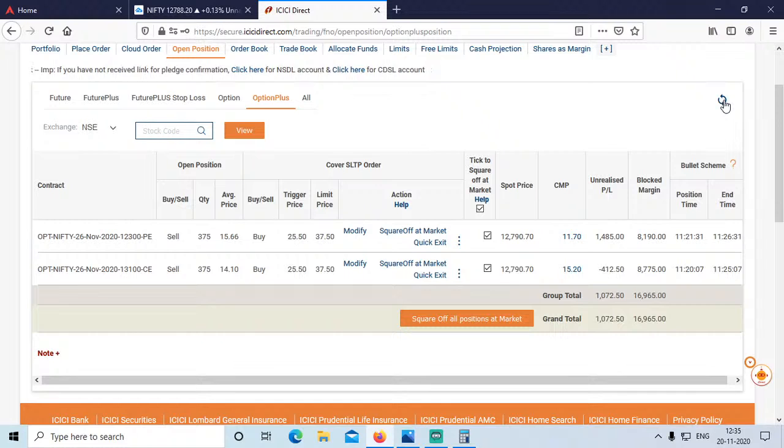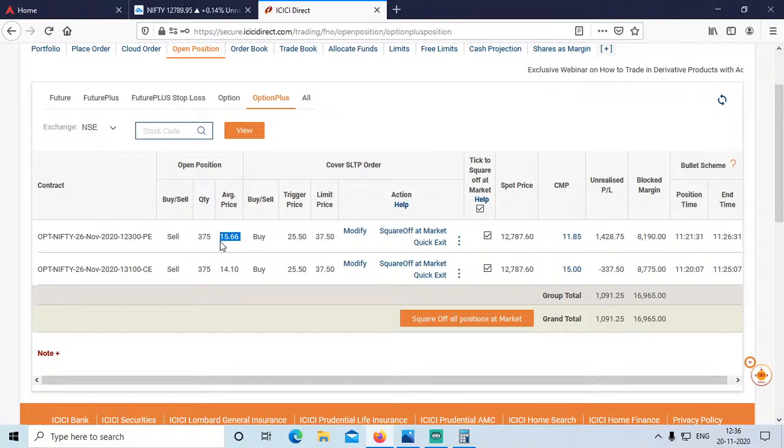Hi Prajwal, good question that you are asking. Why did I select these two strikes? The reason is, in the morning when I selected these two strikes, the premium was close to 10 or 15 rupees. You know that I always trade between 10 and 15 rupees. That is why in the morning I put a sell order for just 375 quantity at the price of 15.66.